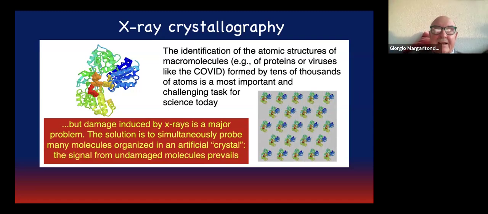Now, in this way, if you are bombarding this thing with X-rays in order to get scattering, yes, you're going to damage some of them, but many of them are not damaged, and those that are in the ordered crystals are producing coherent scattering patterns, and the others are not. And so in this way, you can solve the problem.